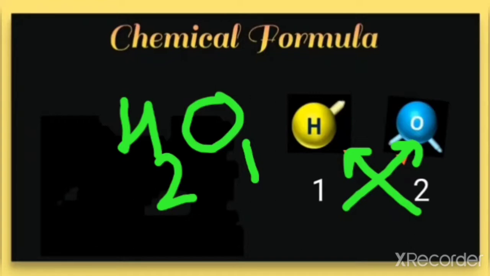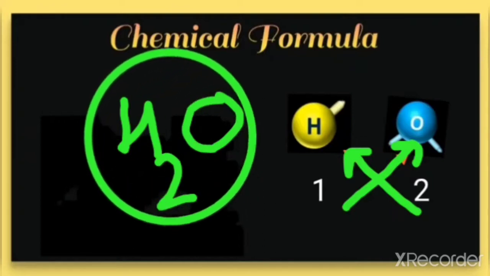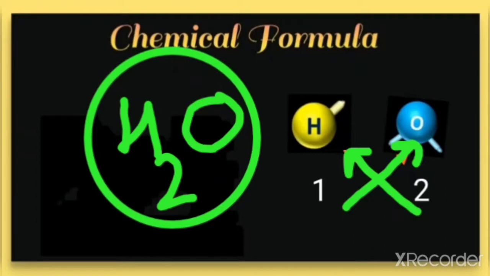It is not necessary to write subscript 1 here, so we need not write this 1; just rub it out. So what is the chemical formula here? It is H2O. What is H2O? It's a water molecule. So we have generated a chemical formula for a water molecule.